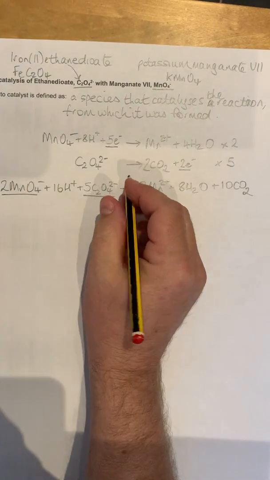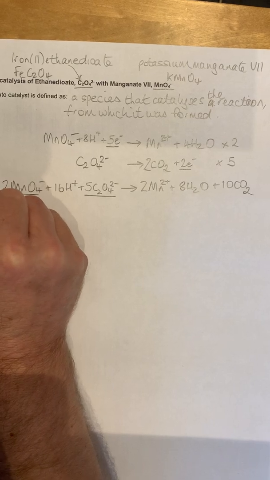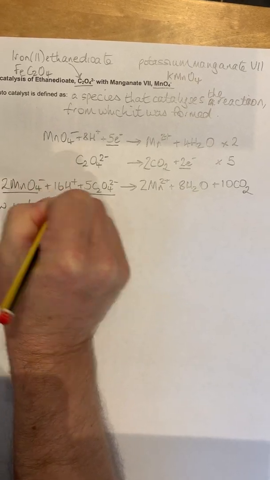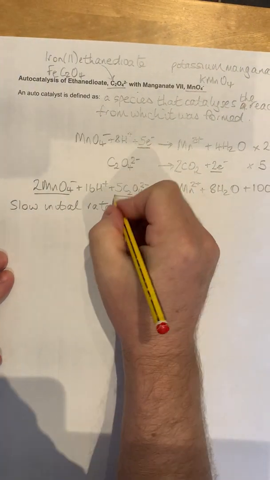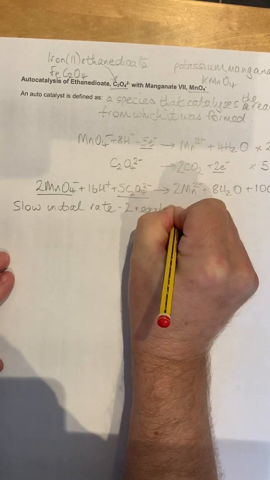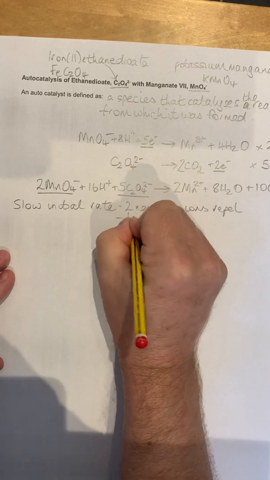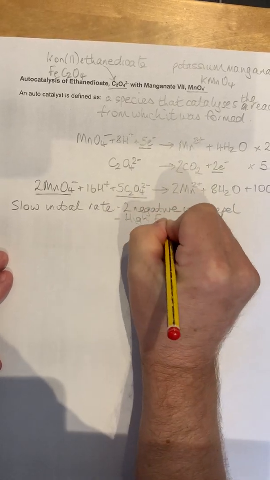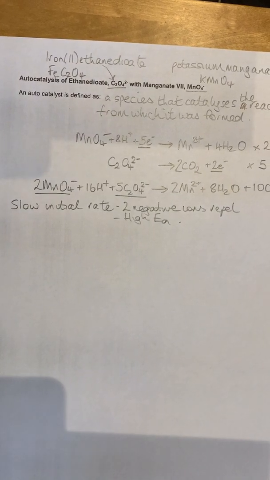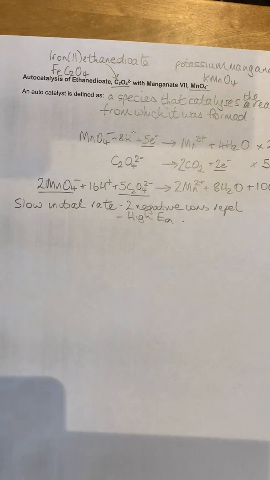So this will have a slow initial rate, and that's because we've got 2 negative ions that repel, and that also means that it will have a high activation energy. We'd need a lot of energy to get those two to collide with one another successfully.